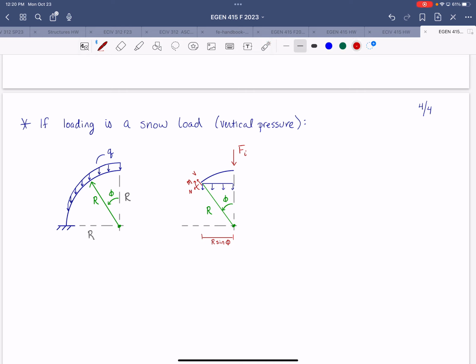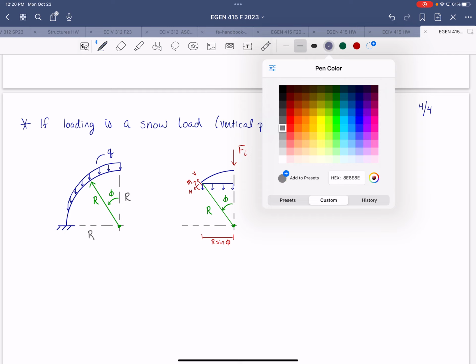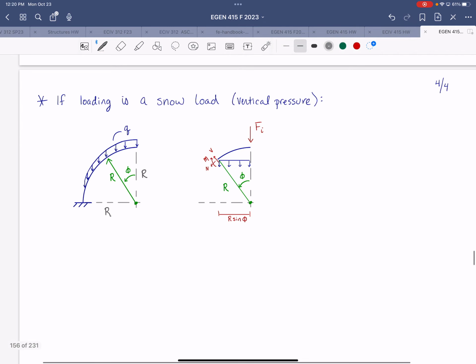And generally, and those of you that took my structures class will remember this, snow loads tend to have roughly uniform depths, or the depth of the snow is roughly uniform over the roof, regardless of how it's shaped, assuming the wind hasn't caused things to drift and move around, right? So the depth of that distribution will be the same on this end as it is on this end, right? So it's a constant vertical load distributed over the horizontal projection of this arc.